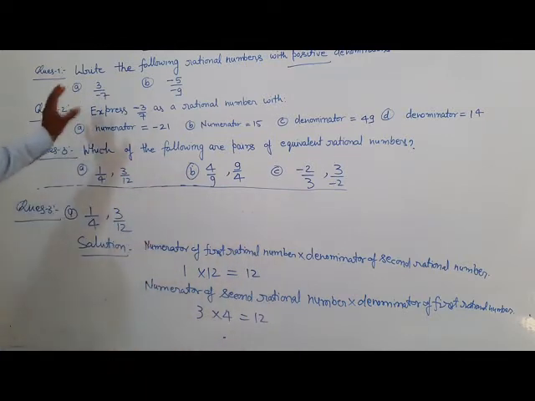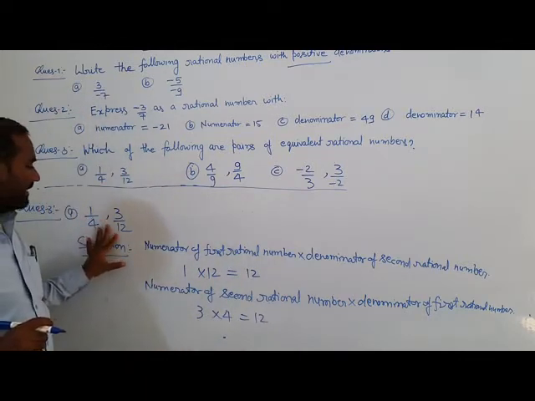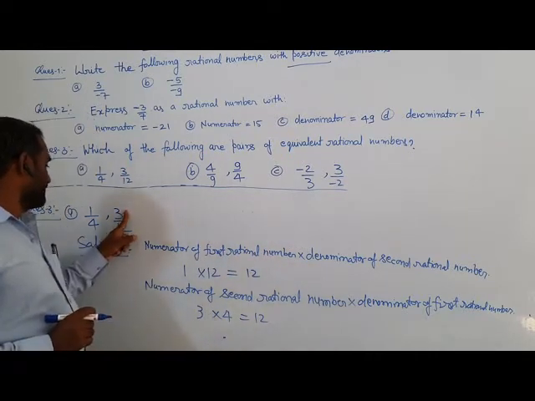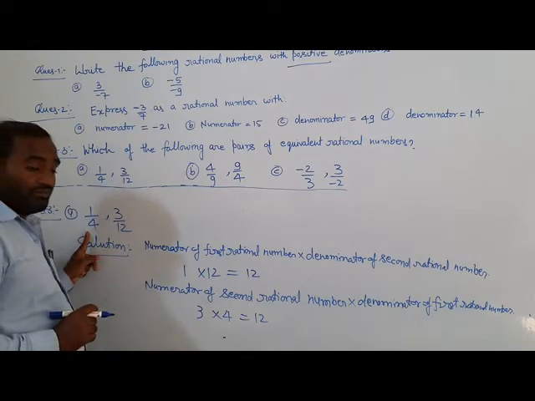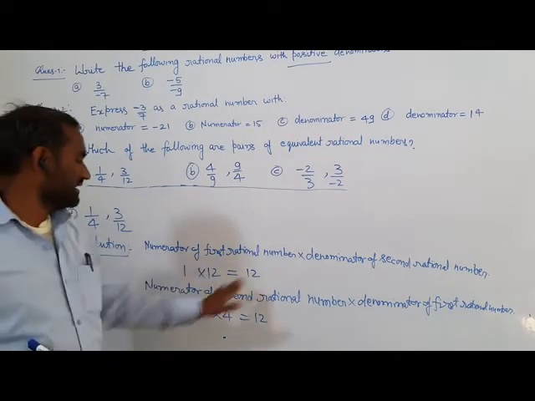Here we see that the numerator of first and denominator of second, and the numerator of second and denominator of first, have equal products.